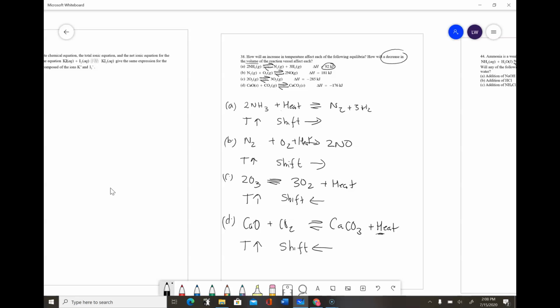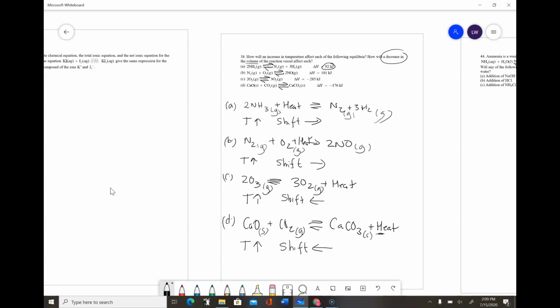So I'm going to add some gas labels in and make sure I'm confident about how many moles of gas I've got on each side of my equation, because that's going to determine how these systems are affected. Now, the calcium oxide is a solid, the CO2 is a gas, but the calcium carbonate is a solid.